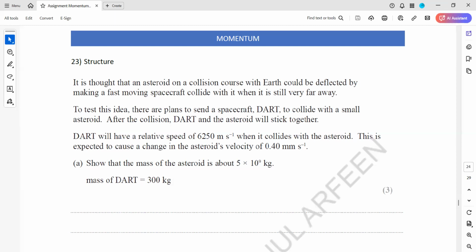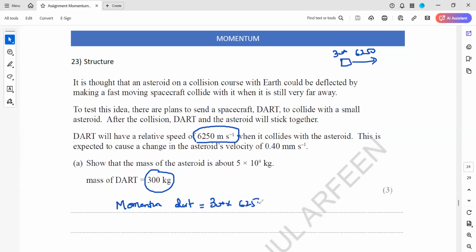So first the DART is there having a mass of 300 kg and it is moving at this speed. So what is the initial momentum of the DART? The mass is 300 and moving at a speed of 6,250. So when we multiply, we'll get the momentum of the DART. Three hundred times 6,250.